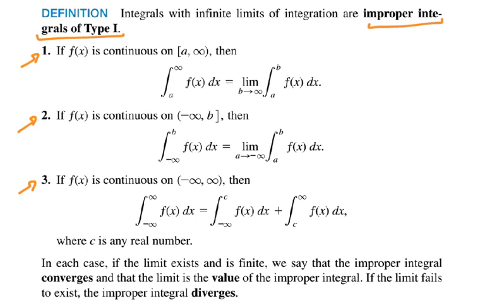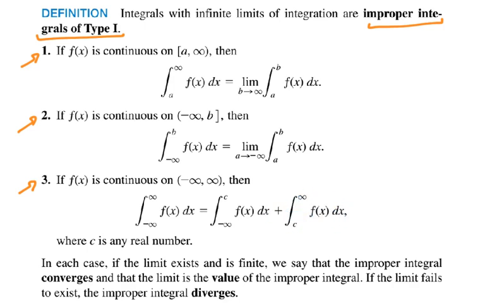All of these different integrals involve taking the limit as b approaches positive infinity, or as a approaches negative infinity. And when we have both positive and negative, it's essentially part 2 plus part 1.